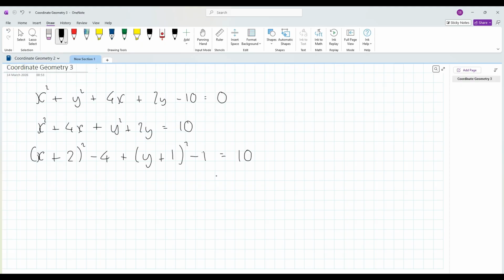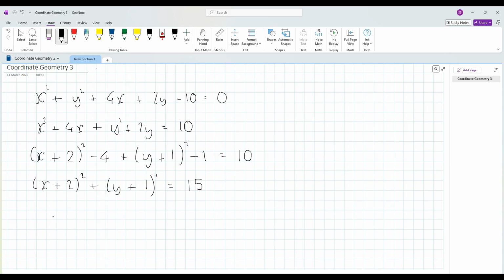So let's add 5 to both sides, giving (x plus 2) squared plus (y plus 1) squared. Adding 5 to both sides will give us 15. So now we have our equation of the circle.